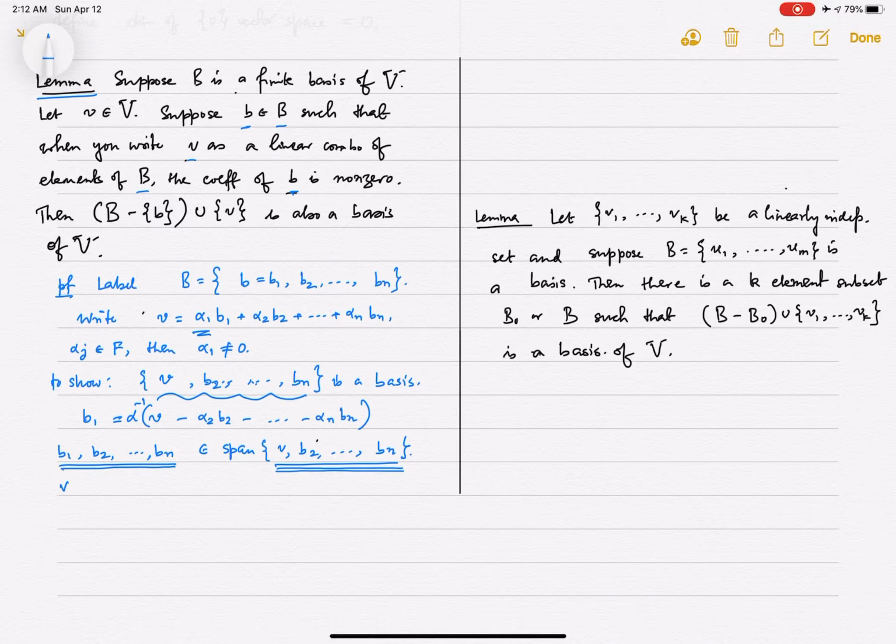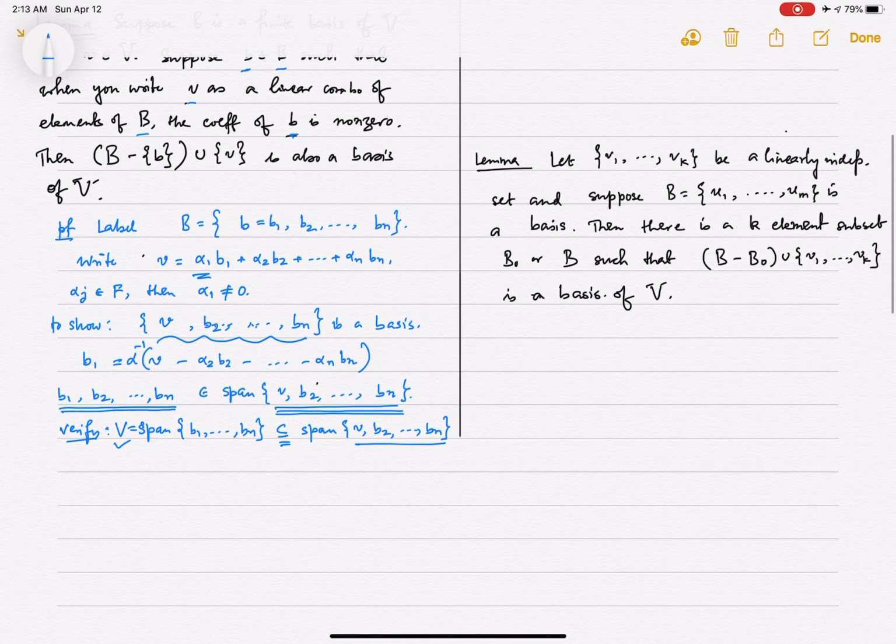So verify from here that the span of B1, B2, ..., Bn is a subset of the span of V, B2, ..., Bn. But this is exactly V, so this is equal. So these guys do span V.